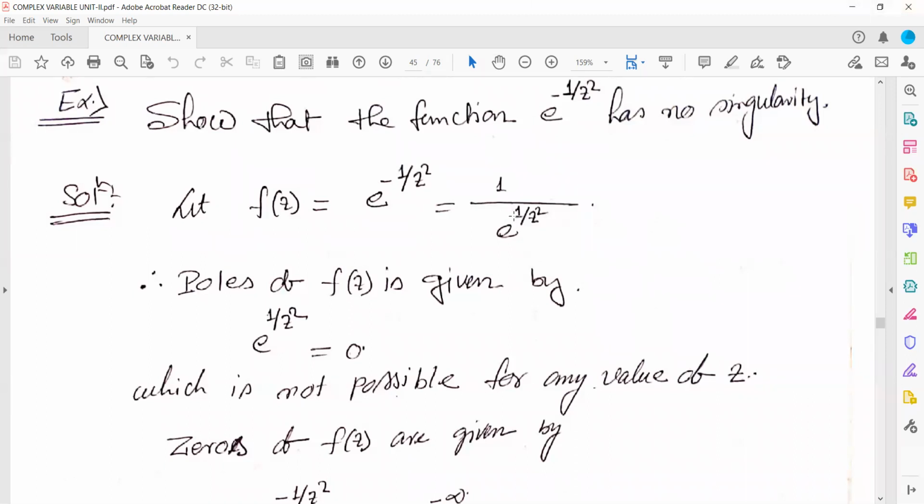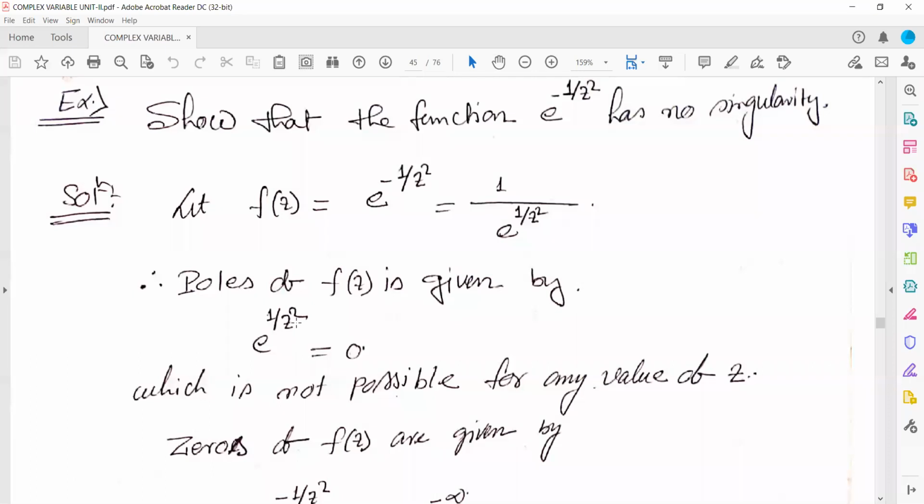Okay, so to find the pole of this function f(z), you simply put the denominator equal to 0. So e^(1/z²) = 0. You won't get any value of z for which this e^(1/z²) will become 0, because z square is positive.